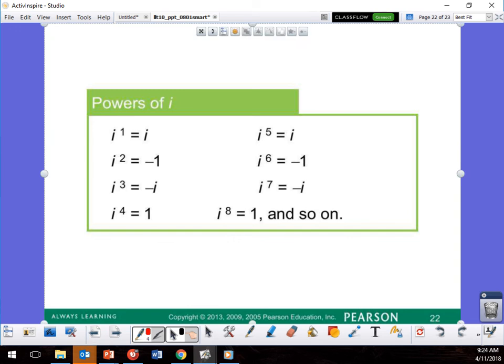So what do you think i to the 9th is? i. You guys see the pattern, right? i, negative 1, negative i.